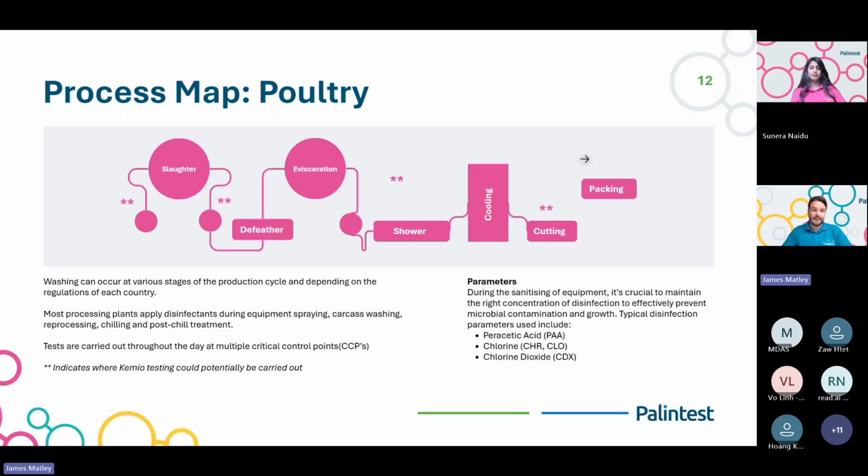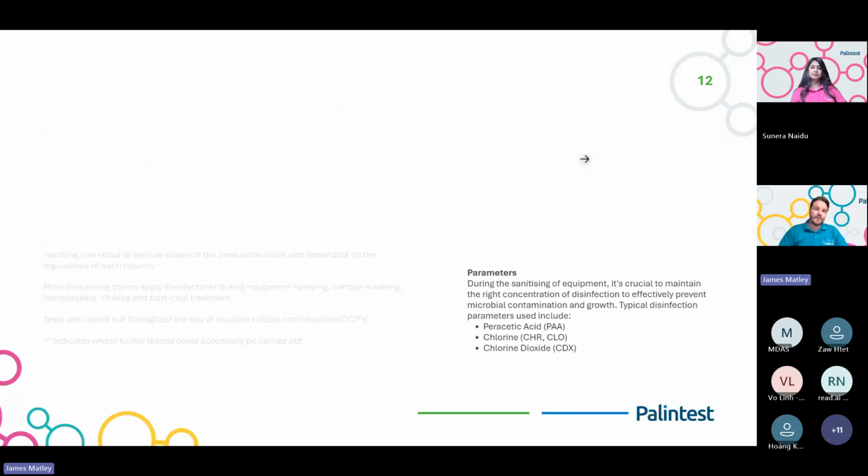And again, these critical control points will change from customer to customer. So asking questions upfront and understanding exactly the process and the monitoring requirements is important, because you might use high temperature, you need to have the correct sensor for the correct application. And typically we see chlorine dioxide, chlorine and peracetic acid in this application.